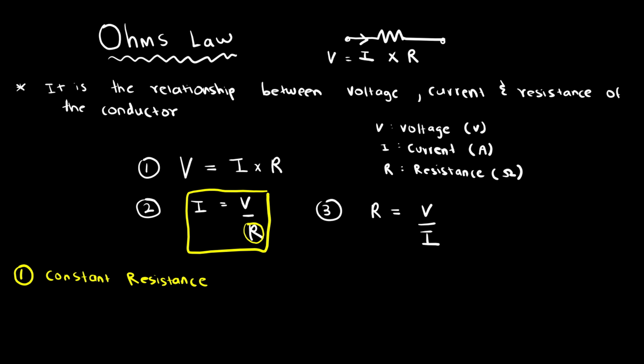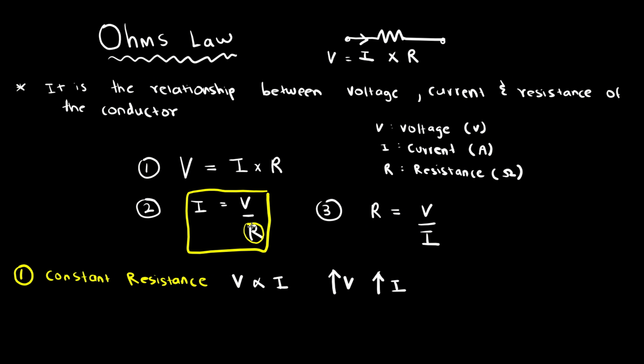So if the resistance is constant, the voltage across the conductor is directly proportional to the current flowing through it. So if the voltage were to be increased, this would increase the current as well, right? That's the first point.